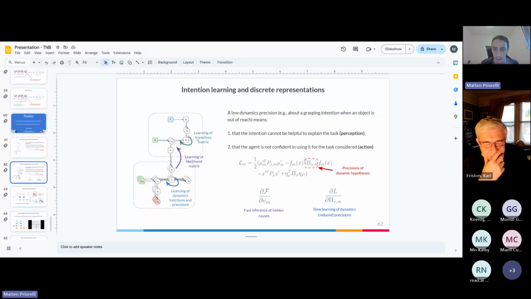So I think that these dynamics precisions would be very useful for learning this mapping between the dynamics functions and the discrete states. I don't know if maybe it was a bit confusing. Yes, it was a bit confusing, but it's all very interesting.